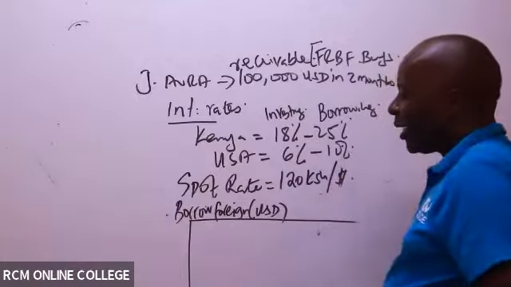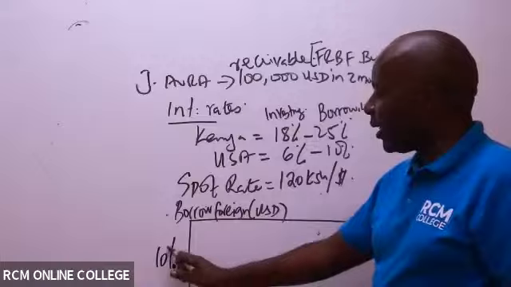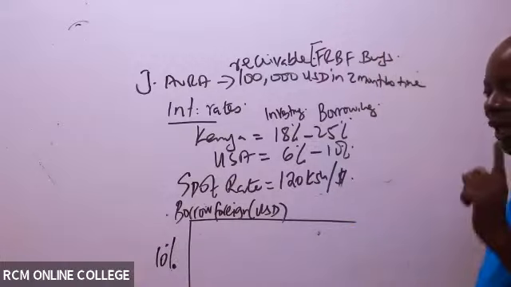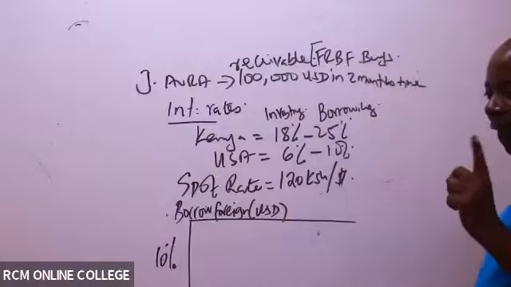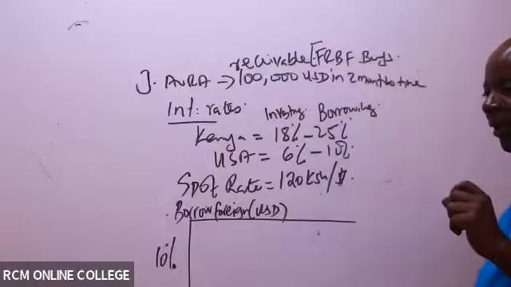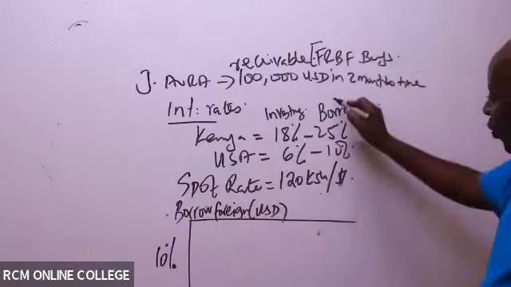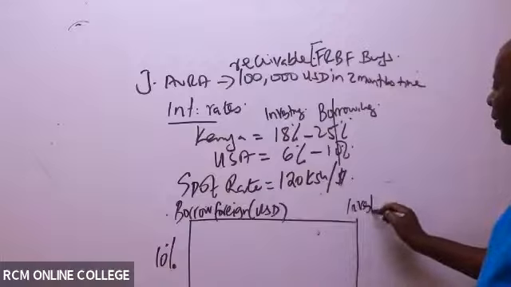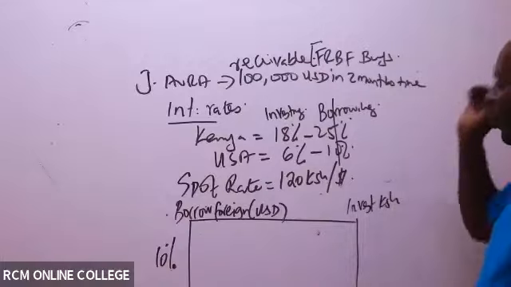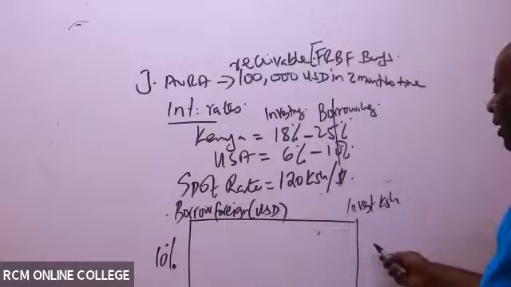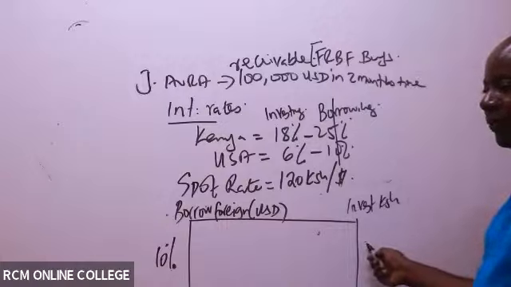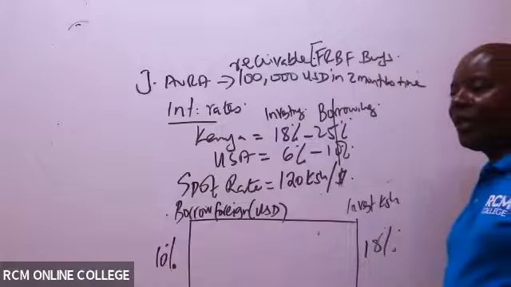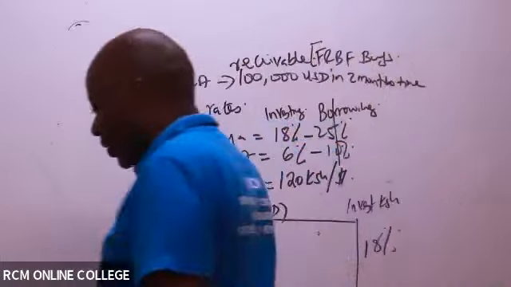The rate we're using here is 10%, because this column of borrowing is 10%. And then we invest in Kenya shilling. If I invest in Kenya shilling, what percentage will I use? 18%. Then come and write the formula.